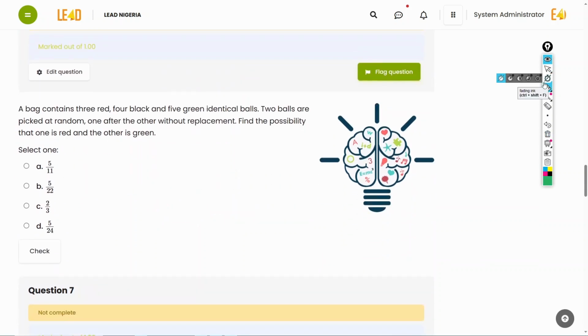Question 6. A bag contains 3 red, 4 black, and 5 green balls.